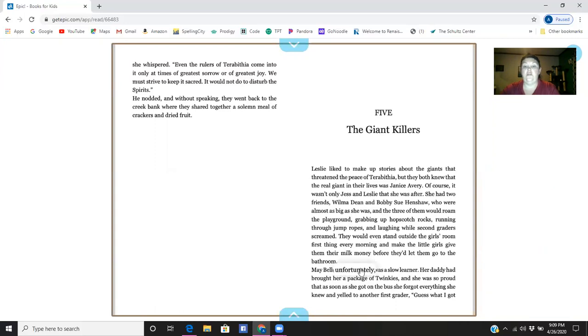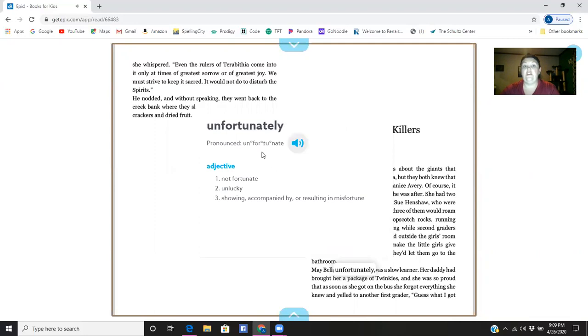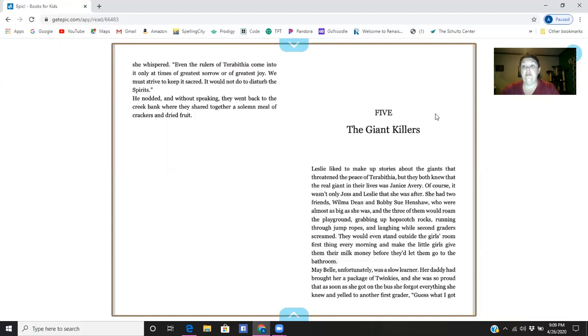So we can click on the word unfortunately down here, and it tells us how to pronounce it. Unfortunate. And then it also gives us the meaning of the word. So any words we're unfamiliar with that are not a vocabulary word we've already talked about, you can always click on it in the Epic app and it'll pull up the definition of the word.